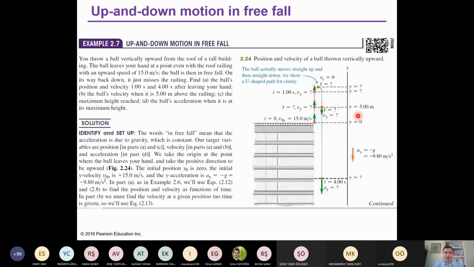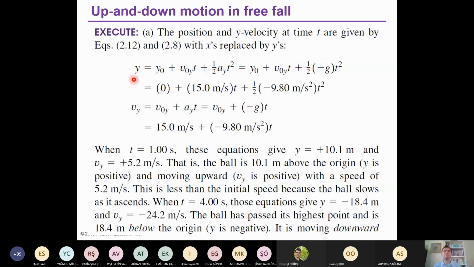Okay, then let me continue. In order to find the position, there are many positions asked within the question. Here we have the equation for motion with constant acceleration, which we did in the previous transparencies: y equals y0 plus v0y times t plus 1/2 ay times t squared. Instead of ay, instead of acceleration, we will use minus g.